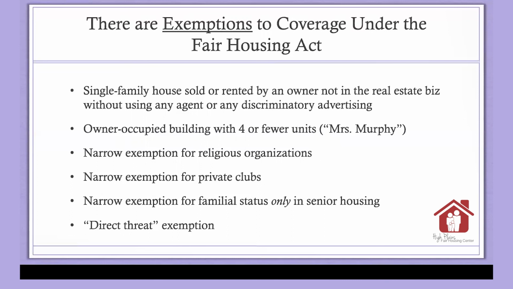There's a narrow exemption for religious organizations, a narrow exemption for private clubs, and a narrow exemption for familial status discrimination against families with children only in senior housing that meets the statutory definitions for that type of housing. And there's also a direct threat exemption when there's evidence of an individualized threat that housing a person or providing an opportunity to a person would allow.